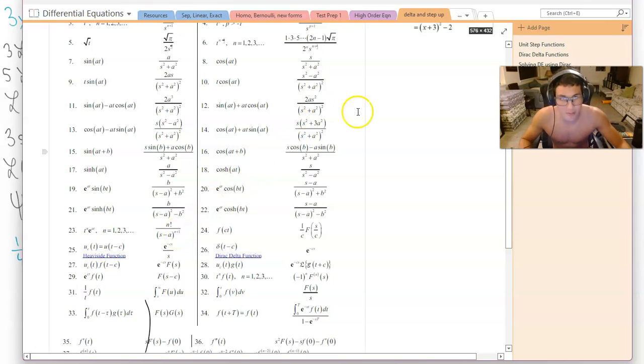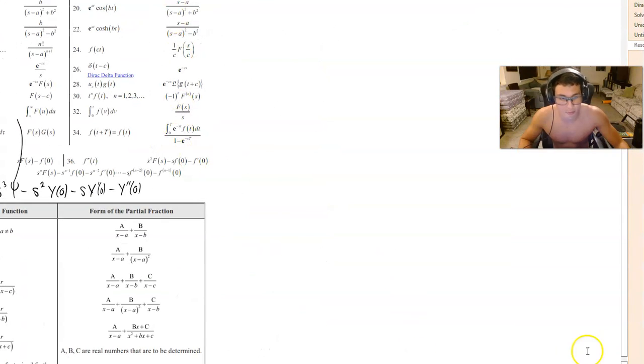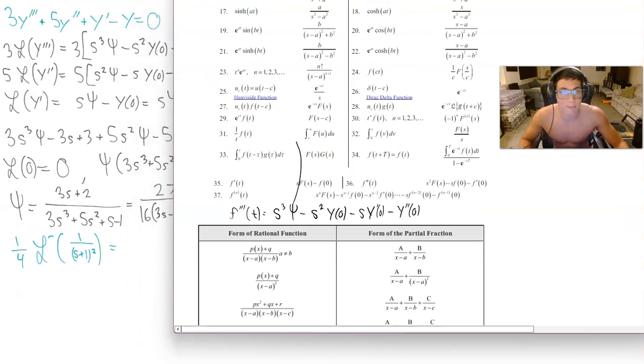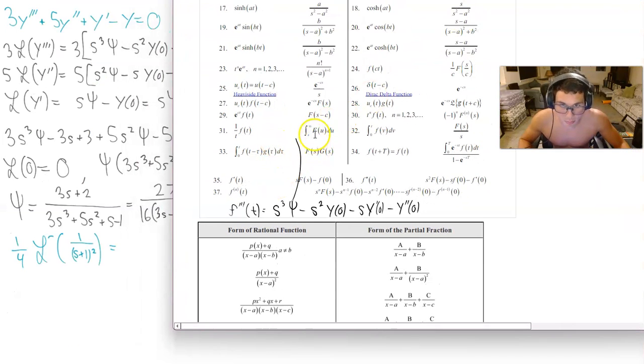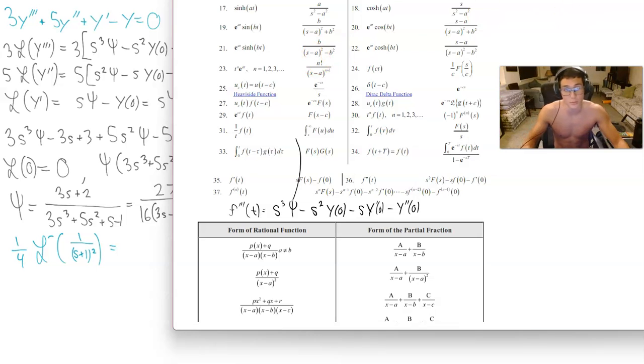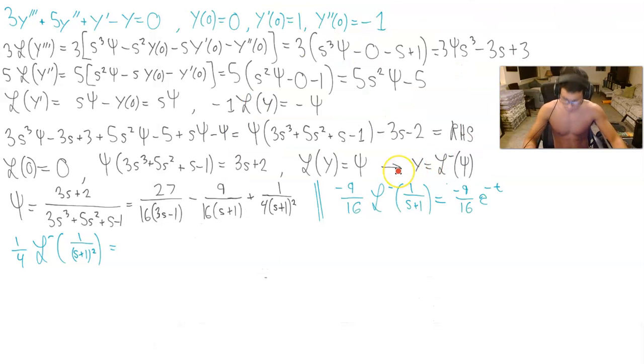Let me zoom in for you guys. N for us is 1, because it's s plus 1 squared. So n is 1, and n factorial is 1 factorial, which is 1.